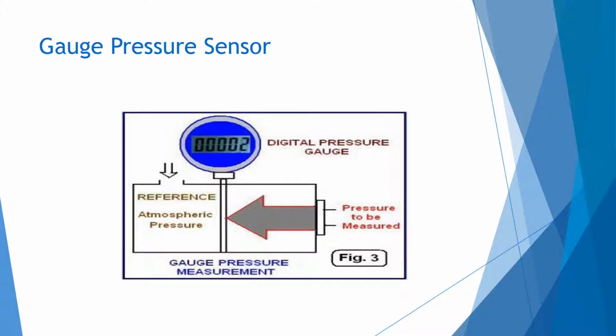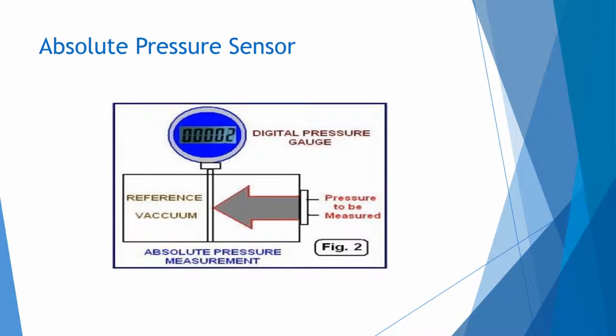The gauge pressure sensor. The image shows the flow of the fluid, and the pressure to be measured is referenced to the atmosphere. The absolute pressure sensor. The reference of the absolute pressure is the vacuum, and you can also see the pressure to be measured and the digital pressure gauge.